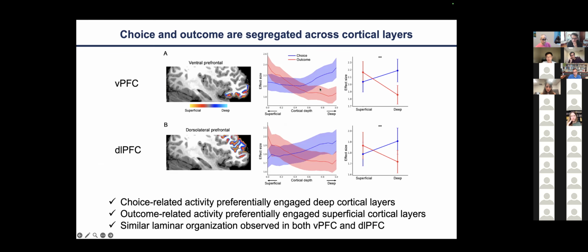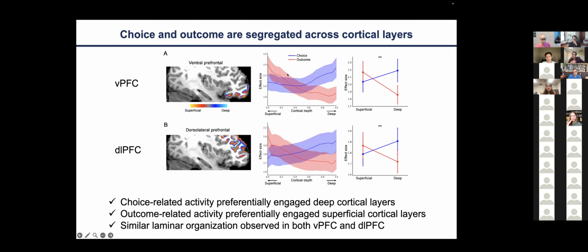Here, for example, the blue curve shows the laminar profile of the choice selection, and the red curve shows the laminar profile of outcome processing. You see, those two stages engage very different laminar parts. Choice-related activity, the blue, mainly engages the deep layer, and the outcome-related activity mainly engages the superficial layer.